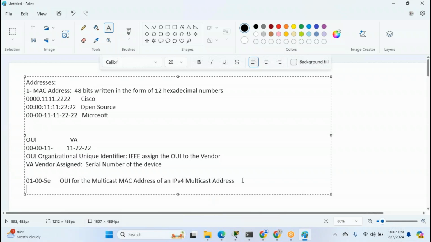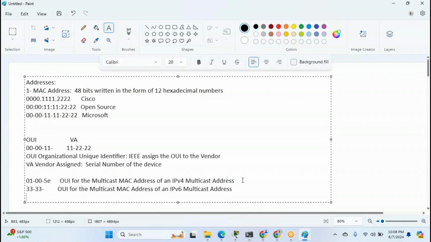In the same way, if there is a MAC address starting with 33, this is the OUI for the multicast MAC address of an IPv6 multicast address. When we proceed, I will tell you how to calculate these addresses. Right now, if you see this MAC address, you have to be familiar that this is for IPv6 multicast, and this is for IPv4 multicast.